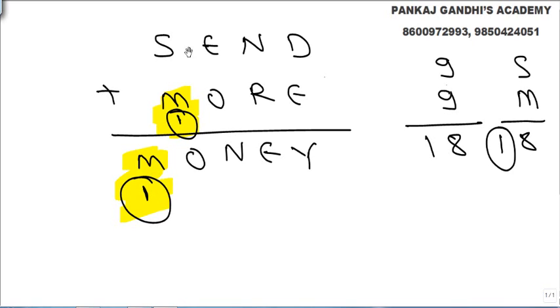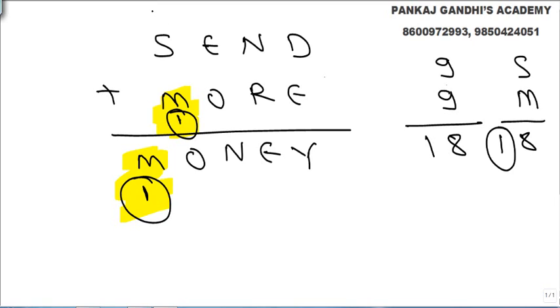Now let's check it. If we need M equal to 1, what can be the value of S? Look, E plus O summation can be anything. It can be less than 10 or more than 10.